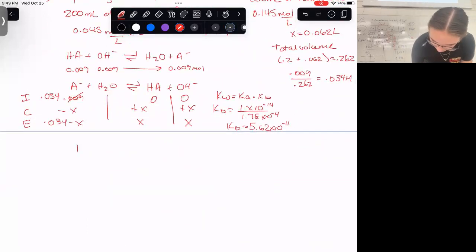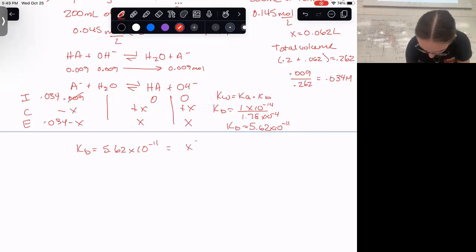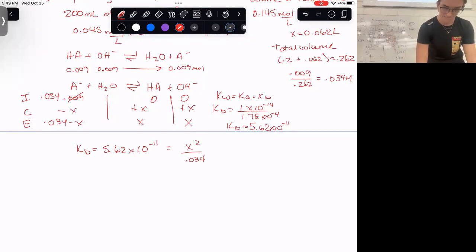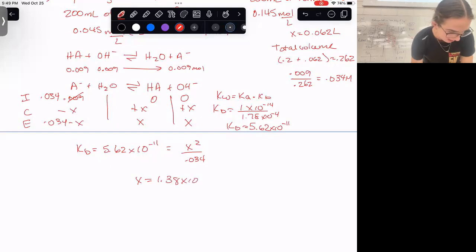So we have Kb equals X squared over 0.034, and we get X equal to 1.38 times 10 to the negative 6.